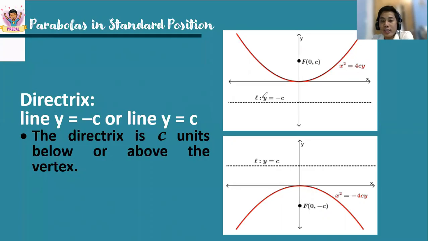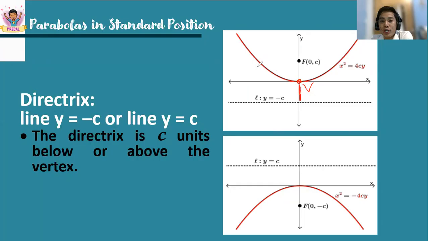For example, if the parabola opens upward, notice the vertex, and in relation to the directrix, what is the relationship? As you could observe, line y is equal to negative c is located below the vertex. Okay, so nandun siya sa baba.